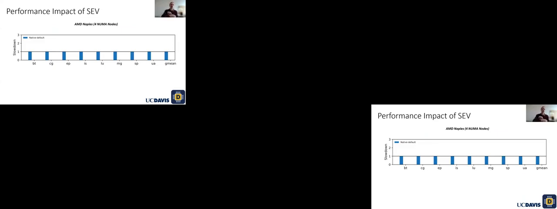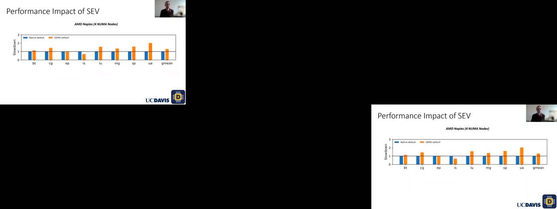So here we're going to look at the slowdown of SEV on a system. First we're going to add just virtualization, because SEV requires that you're running in a virtual machine. And then we're going to add SEV on top of virtualization. When we add virtualization, there's a little bit of a slowdown, which isn't too surprising.